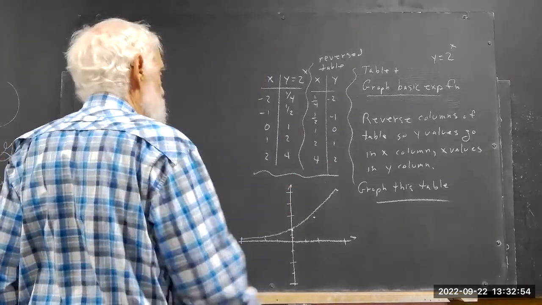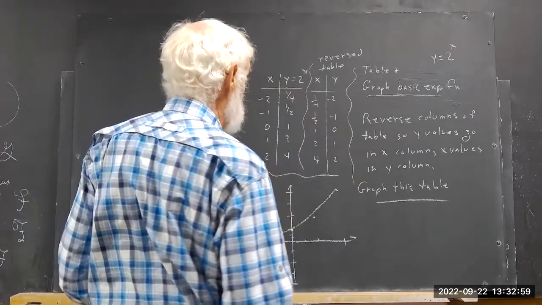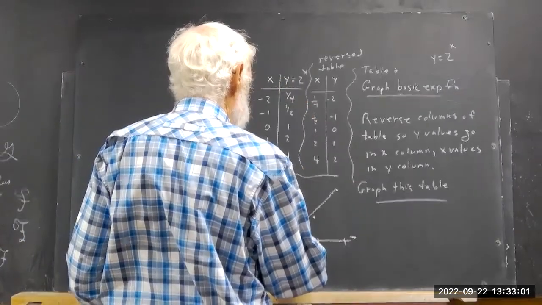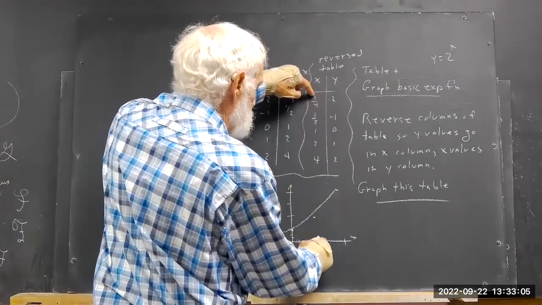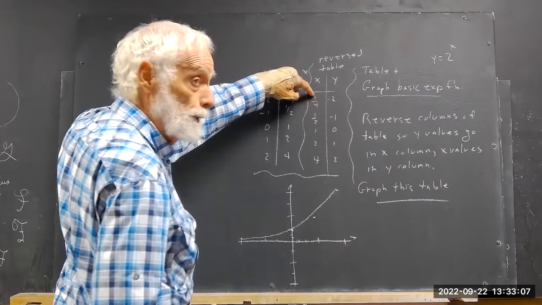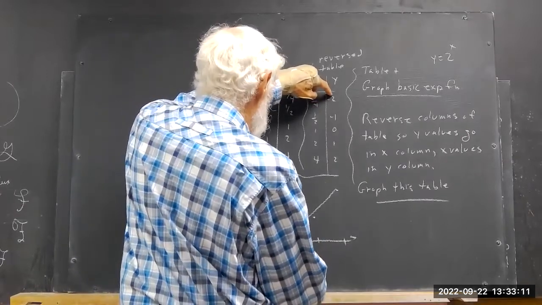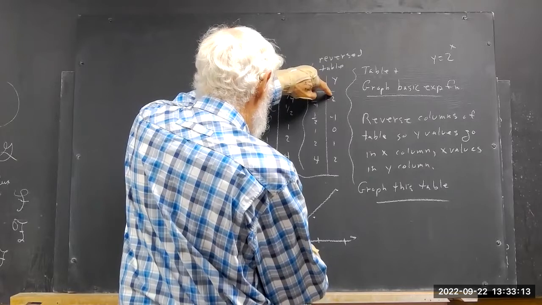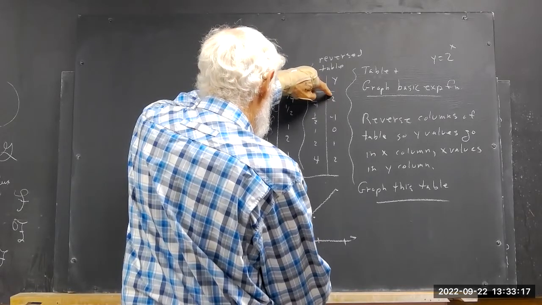So I kind of missed this point, so it's not a great graph. If I plot these points, we need x equals 1/4, which is going to go here. This isn't physically 1, this is 2. I think everybody knows that. The standard table. So it's 1/4, -2. There's 1/2, there's 1/4.